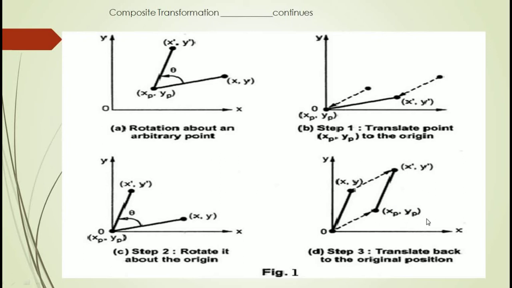In this figure, this point, xp and yp, goes back to our origin position. You have to perform the translation from this origin to here.